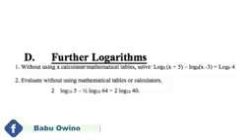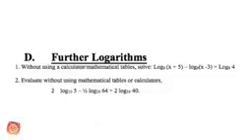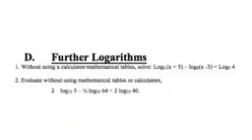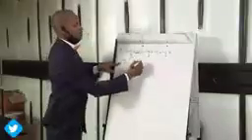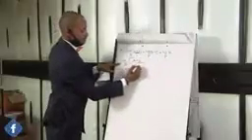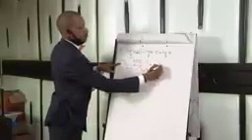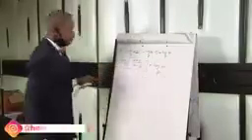So you write log to base 8 of x plus 5. Then look at this sign. If it is minus in logarithm, when you collect logs to the same base, you change it to division. You divide by x minus 3 equals log 4 to base 8.